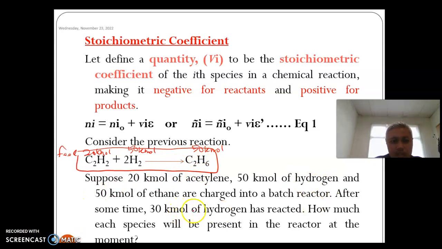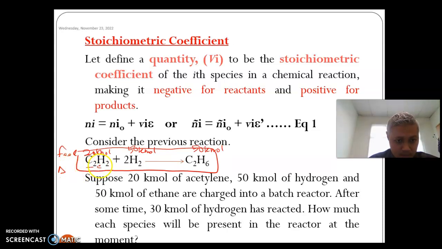After some time, 30 kilomole of hydrogen has reacted. How much of each species will be present in the reactor at the moment? Bear in mind that we have learned that a negative sign for reactants in the stoichiometric coefficient means that if we have 1 mole of C2H2, we need to do a change. We use the symbol epsilon here.